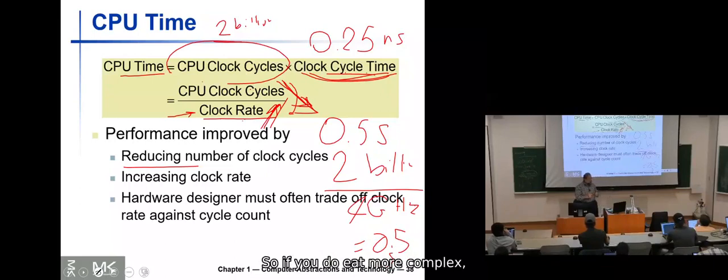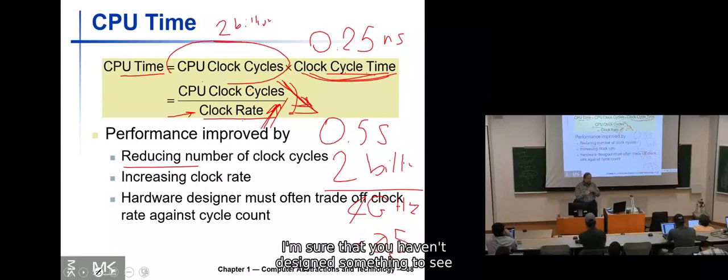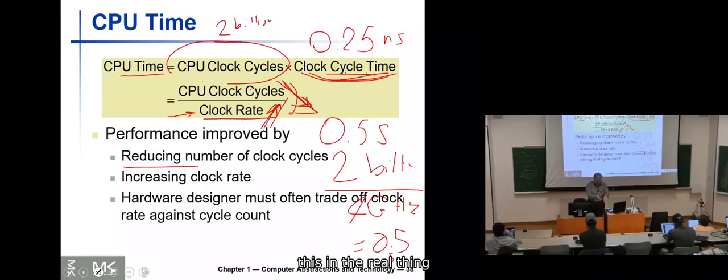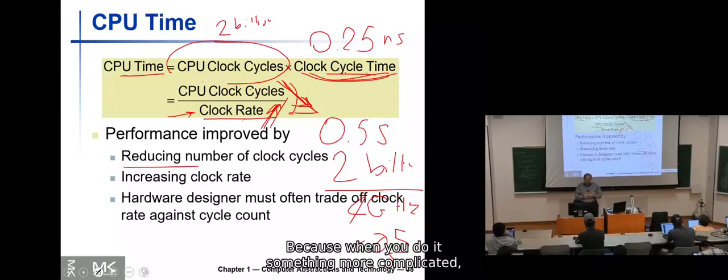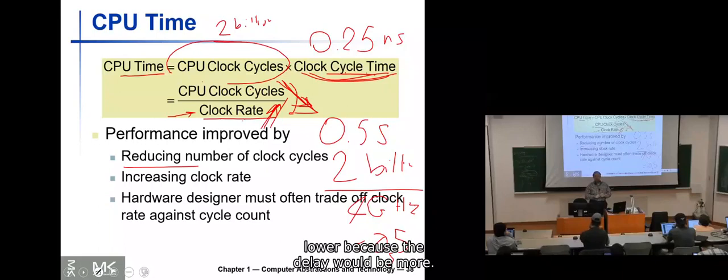So if you design it more complex, it means that the clock frequency gets lower. It is very important. I'm sure that you haven't designed something to see this in the real thing. I hope that we could do it later in our course. Because when you make something more complicated, you are actually making the clock frequency lower because the delay would be more.